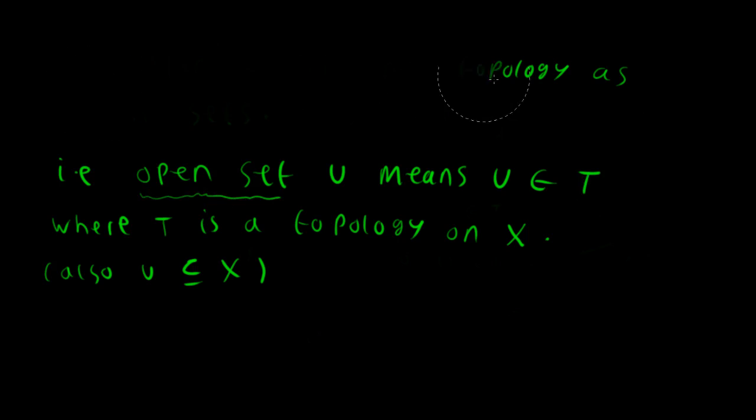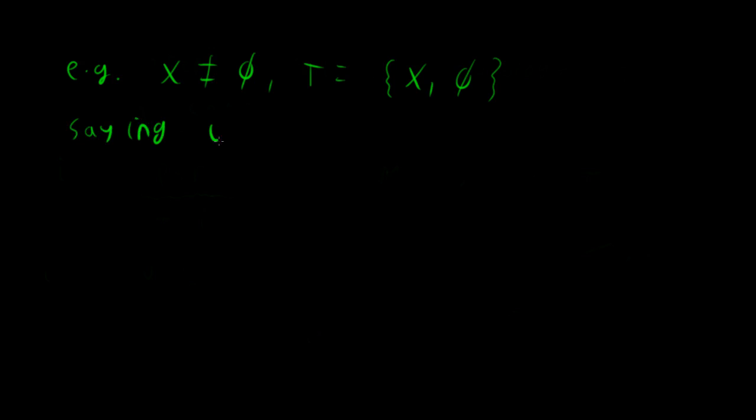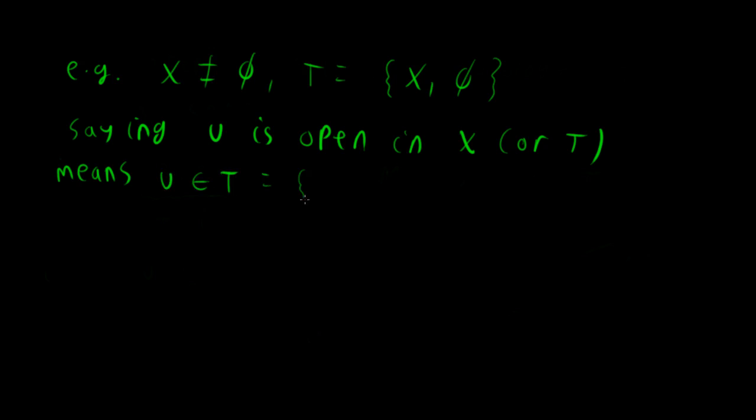So if I illustrate this very briefly before finishing, for example, X not empty, T equal to X and the empty set, saying U is open in X or T. Sometimes you might see that, so they'll say it's open in X or it's open in T. Sometimes they just say U is open, but that means U belongs to T, which in this case is equal to this particular collection.